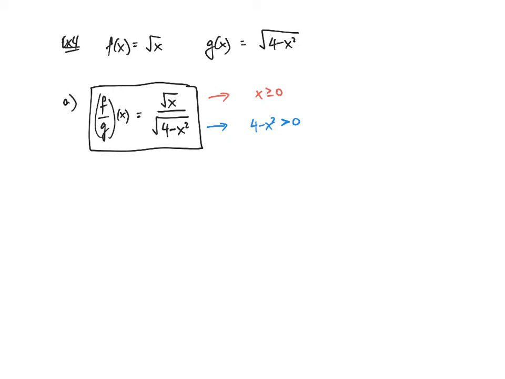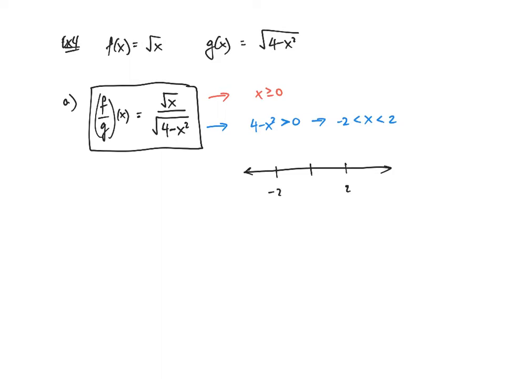So if you were to solve this out, you will find that x has to be between -2 and +2. Okay, you could work that out. Now, if you superimpose both of those graphs on one number line, okay, so here's -2 to 2.